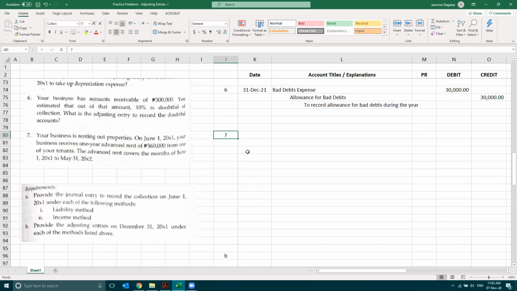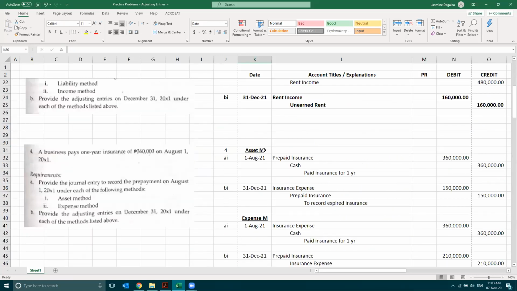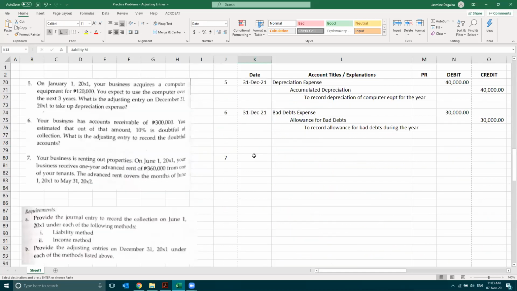The advance rent covers the months of June to May 2022. Provide the journal entry to record the collection on June 1 under liability and income method. Liability method tayo. So ano yung entry nyo?